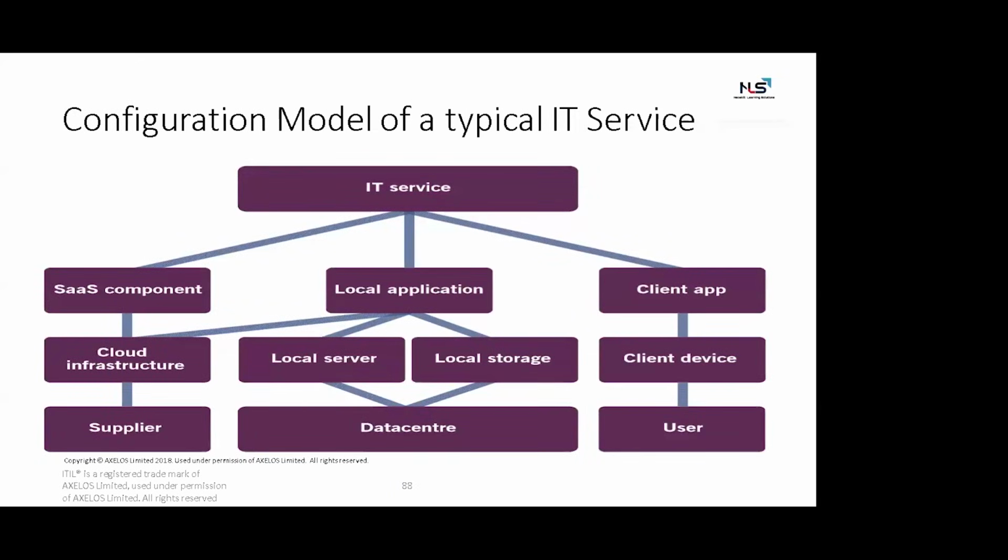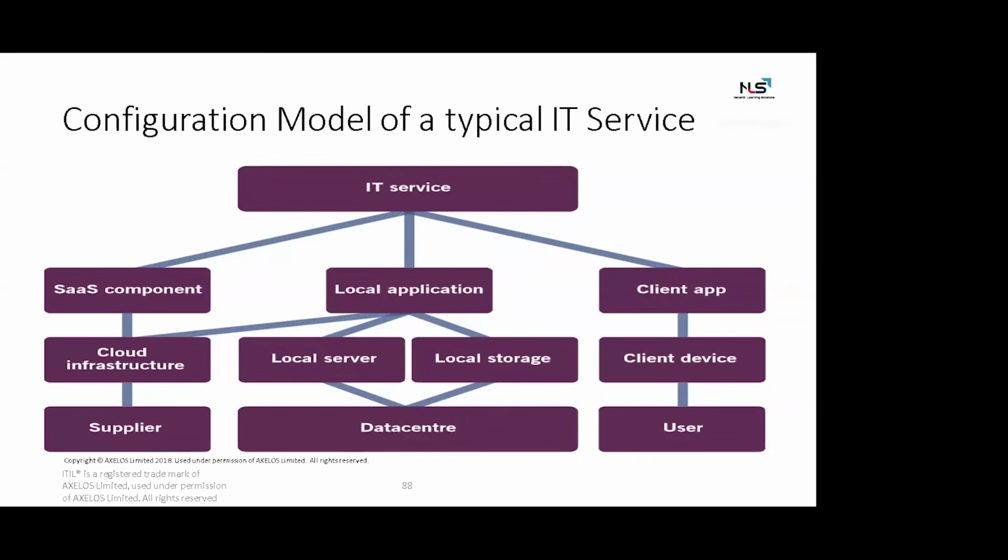So this is the configuration model of a typical IT service. At the very first level we have the IT service here, if you can see my mouse. This is just an example, not a representation of your organization or mine.